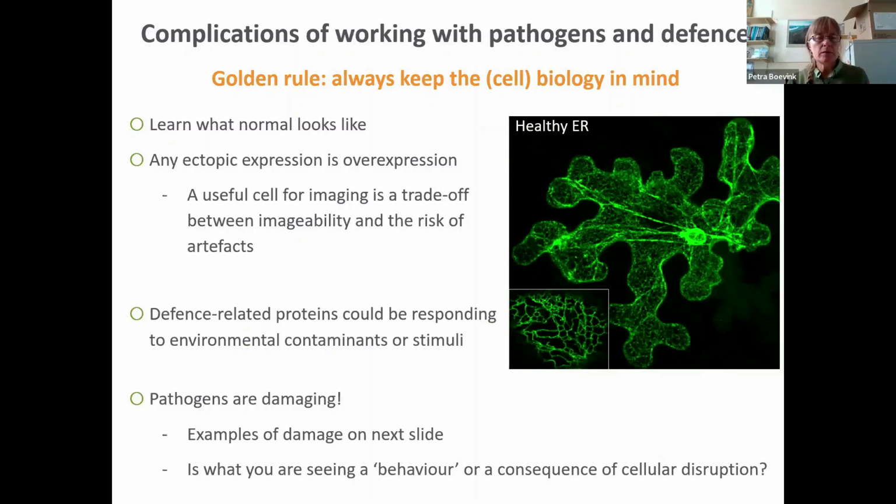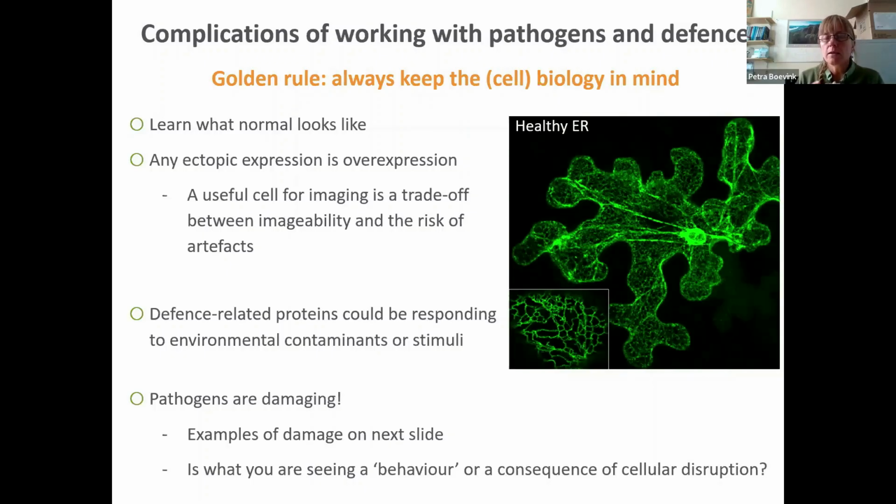But a useful cell for imaging is always a trade-off between the imageability of the cell, because if it's too faint, you just won't get a useful image. But if it's potentially too highly expressed, it will have a higher risk of artifacts. The other thing to remember is that defense-related proteins could be responding to environmental contaminants or stimuli.